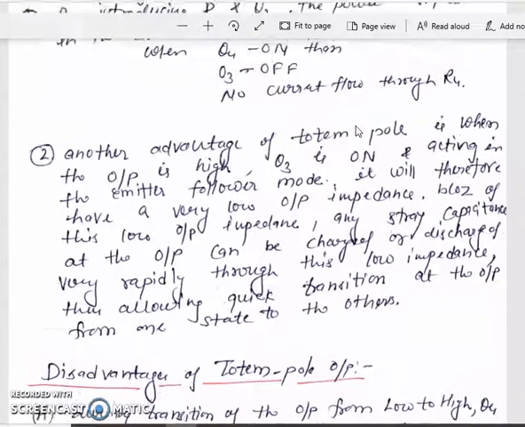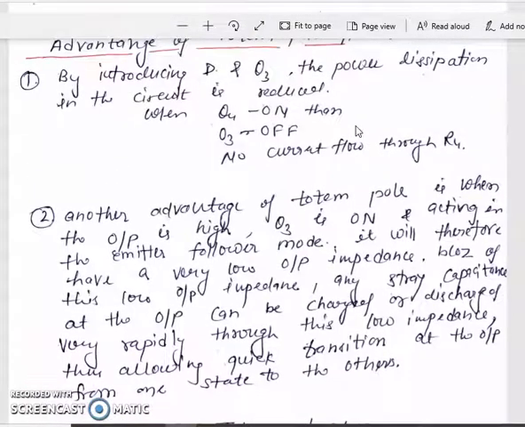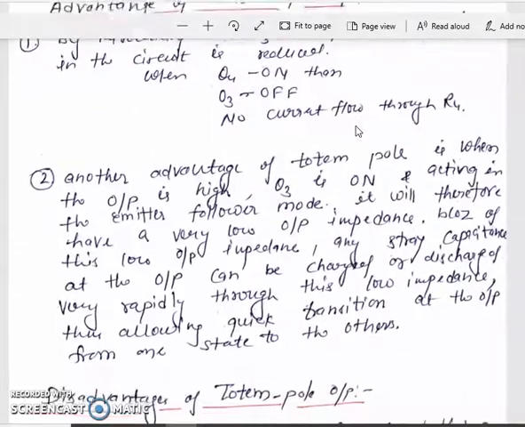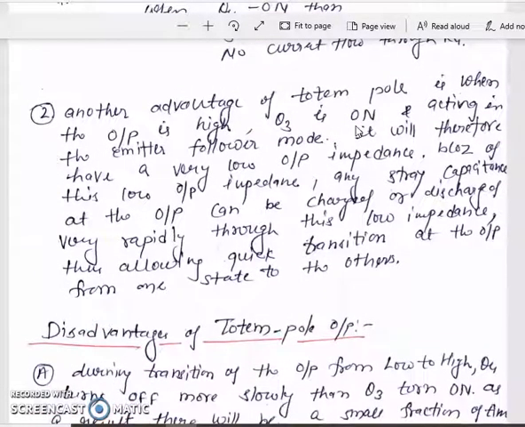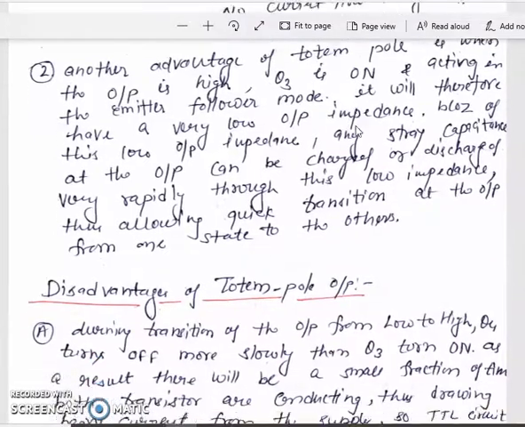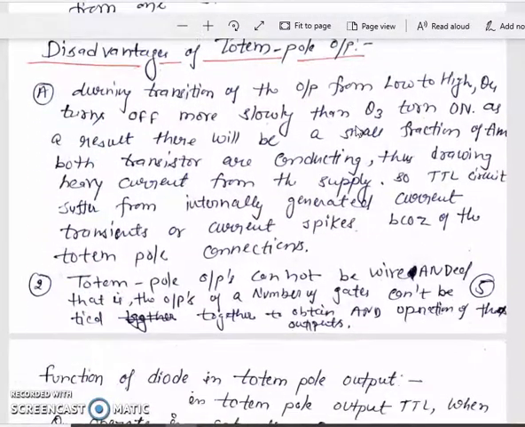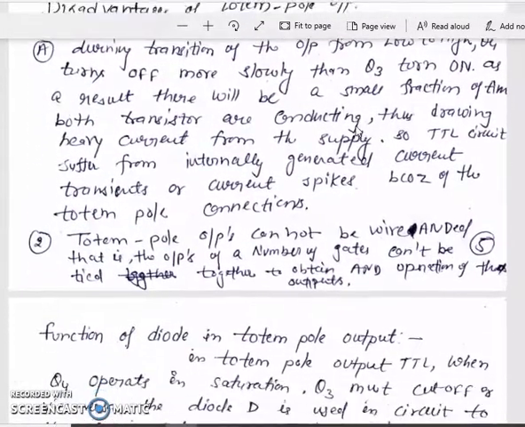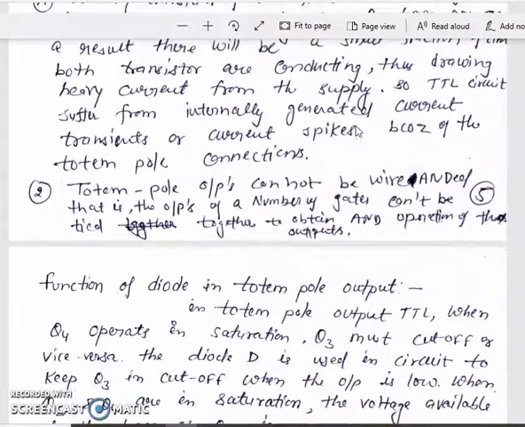What is the totem pole connection? Advantages and disadvantages of the totem pole, working of the totem pole, the open collector configuration of totem pole TTL, what is the pull-up resistor, what is the benefit of diodes, and what is the pull-up diode and pull-up transistor.